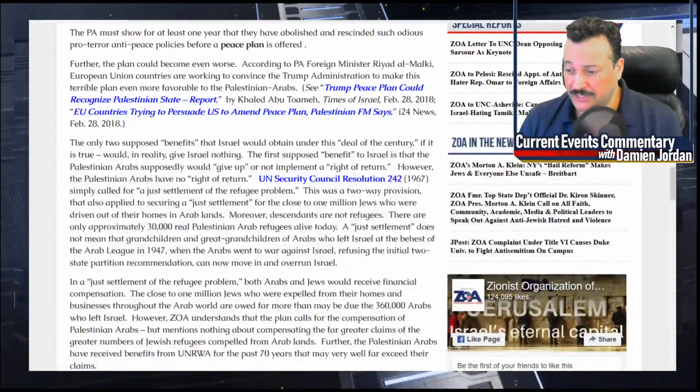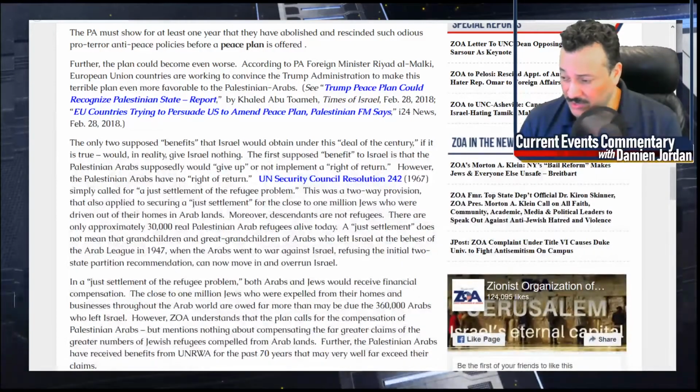However, the Palestinian Arabs have no right of return. UN Security Council Resolution 242 in 1967 simply called for a just settlement of the refugee problem. This was a two-way provision that also applied to securing a just settlement for the close to 1 million Jews who were driven out of their homes in Arab lands.